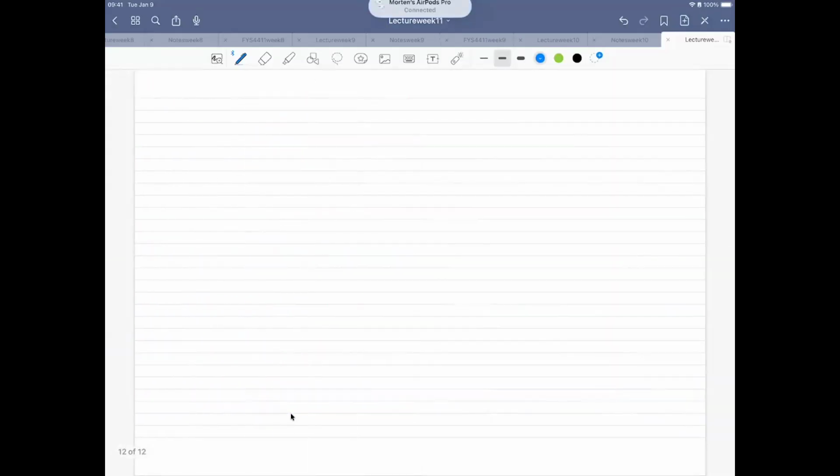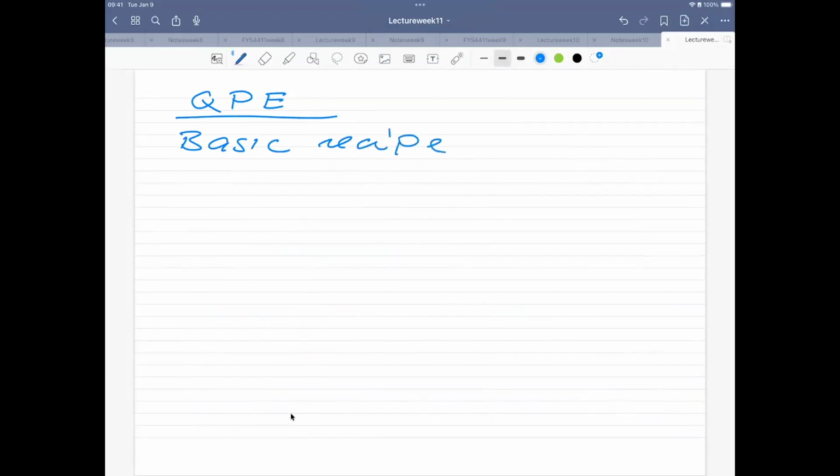So when we look at the QPE algorithm, I want to introduce some of the basic names. We would typically initialize the system. So we have a basic recipe. One is to initialize n bits in the state 0.